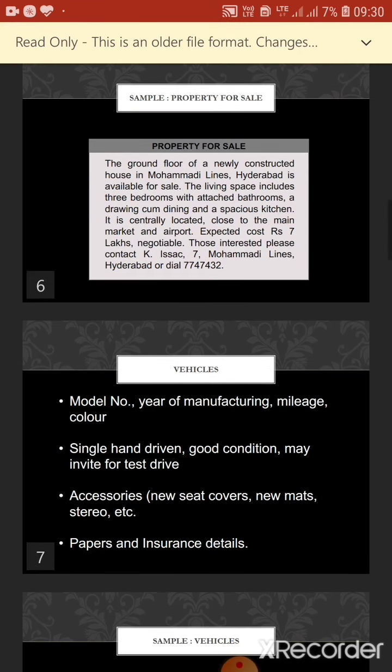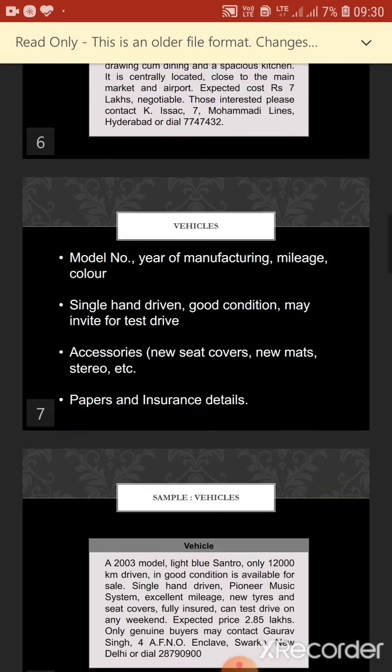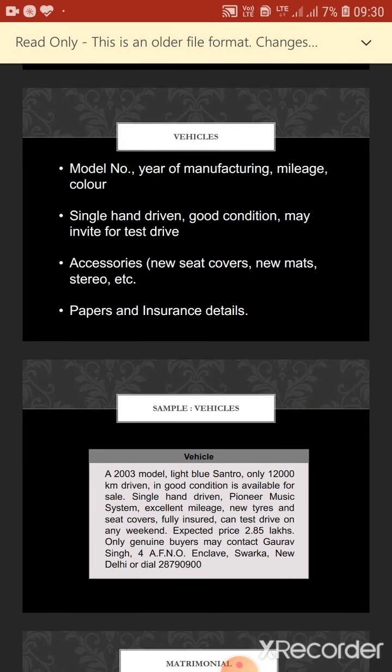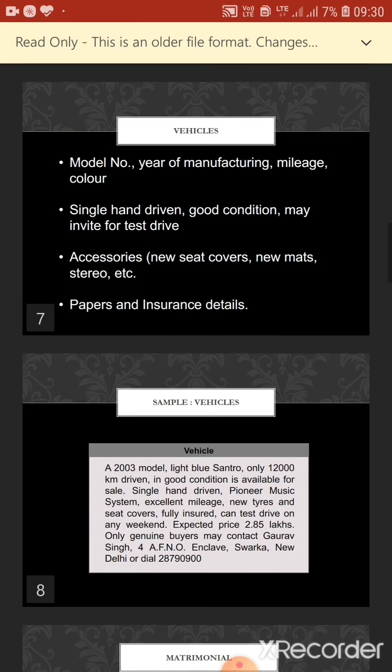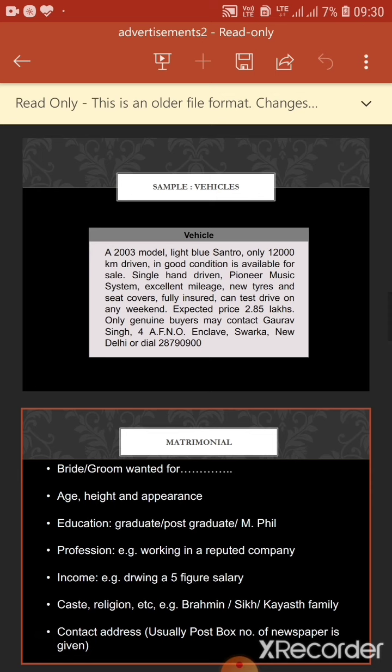Now besides property, the for sale, for purchase could also be about vehicles. Vehicles we want to sell or we want to purchase, that could also be about the vehicles. So it's something different. Some differences are there between vehicles and property, so accordingly the description will also be different.